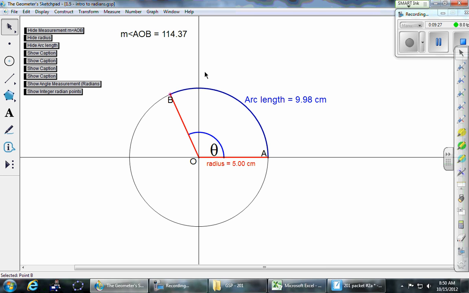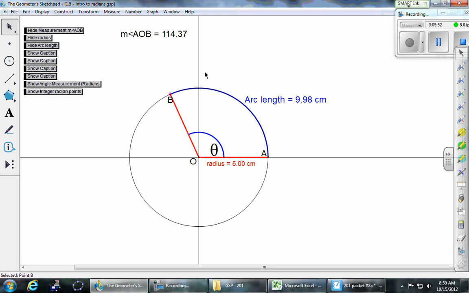In this case, it's 2 radians because 10 over 5 is 2. Yes? And maybe you've seen this more in symbols. Arc length is often s, radius is r, angle is theta. So theta equals s over r, or s is equal to theta times r. You've probably seen one of those formulas at some point in your past.